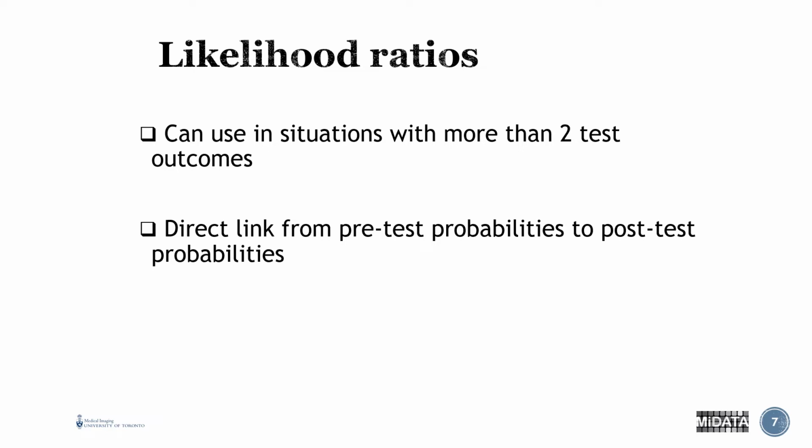Well, you can use likelihood ratios. So that's one of the big advantages. The other one that we're going to talk about is that there's a direct link from the pre-test probability to the post-test probability. And we just went through an example of that, where it is important to know what the prevalence of the disease is in order to calculate the post-test probability.